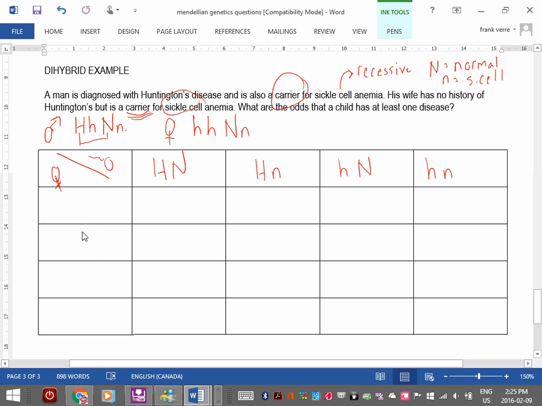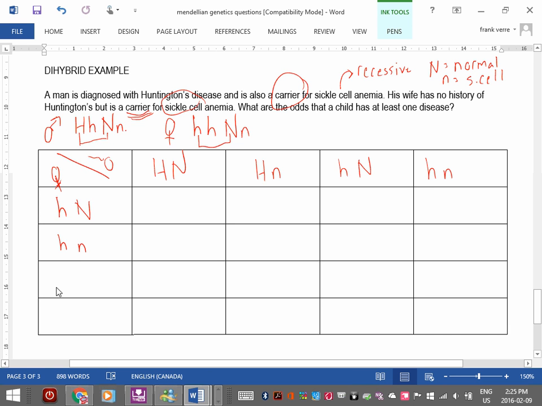So let's look at the female. The female's code is little h, big N, little n. So she can only pass on a little h. But that little h could be with a big N or with a small n.